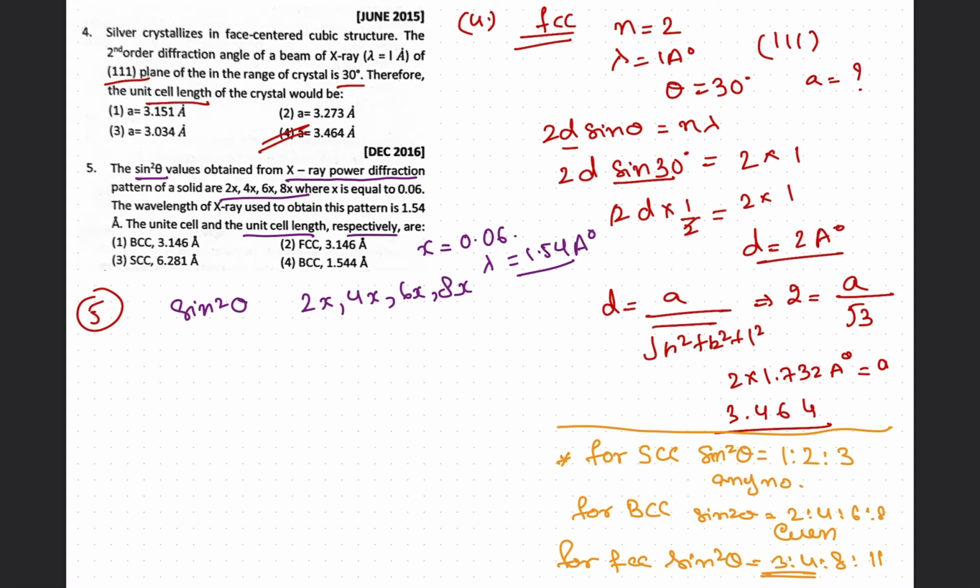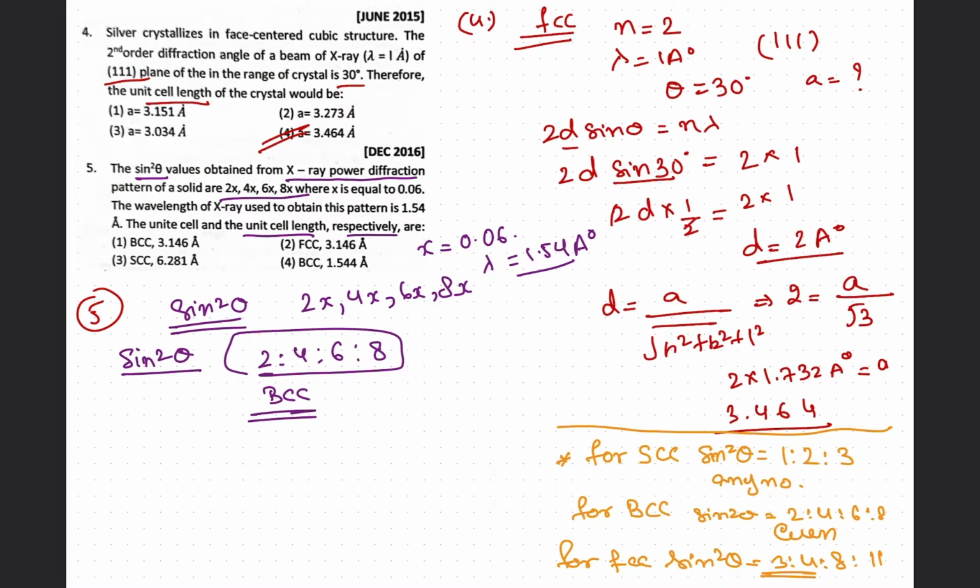Now when you look upon this question, the ratio if we take comes like 2, 4, 6, 8. So this will be basically BCC, for the BCC structure, right? Now they also asked about the unit cell length. We know that 2d sin theta is equal to n lambda.